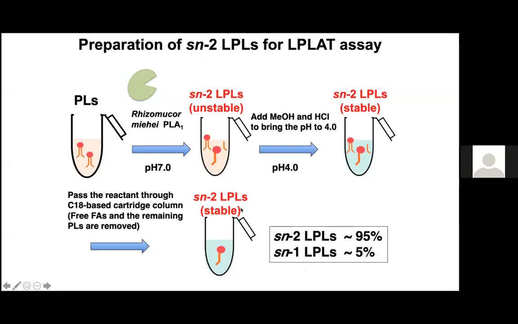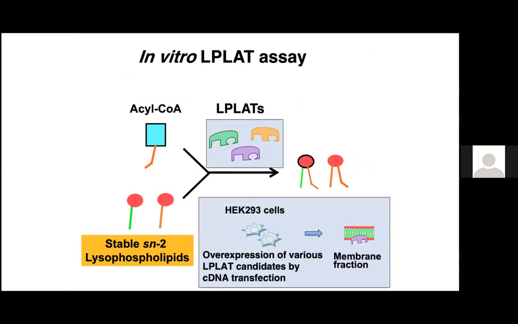In our condition, the purity of the SN2 lysophospholipids obtained is about 95%, with contamination of only 5% SN1 lysophospholipids. So using the SN2 lysophospholipids as an acceptor for the LPLAT assay, several SN1 LPLATs have been identified.